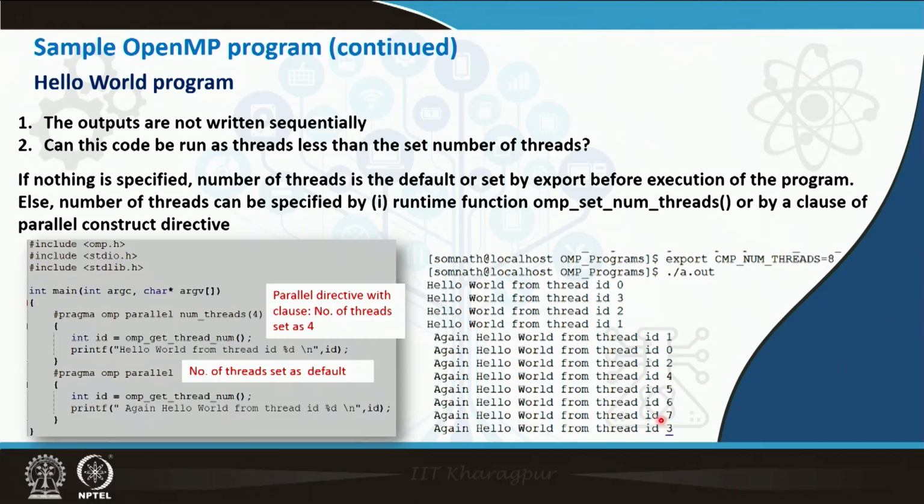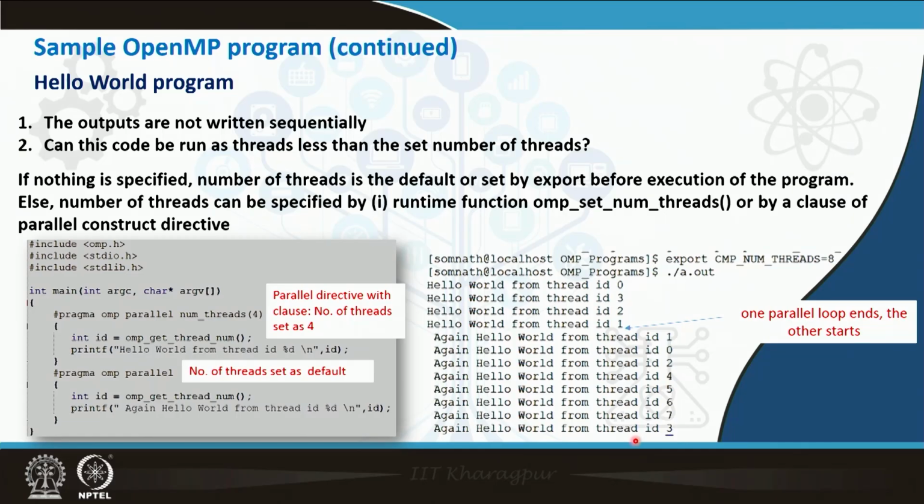Interestingly, we can see that one parallel part ends here, which is on 4 processors because we have given the clause num_threads(4). The other parallel part starts and ends here. Therefore, there is one set of parallel parts. If we put anything in between, that will not be a parallel part, that will be executed as a sequential part, and there will be another set of parallel parts. Or one parallel loop ends, another parallel loop starts.